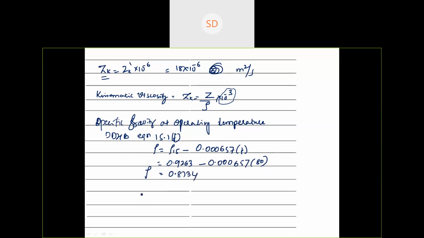Okay. Now let us calculate Z here. Z equal to Zk into specific gravity, divided by 10 to the power of minus 3. So Zk is 18 into 10 to the power of minus 6. Rho is 0.8734 divided by 10 to the power of minus 3. So now how much did you get?